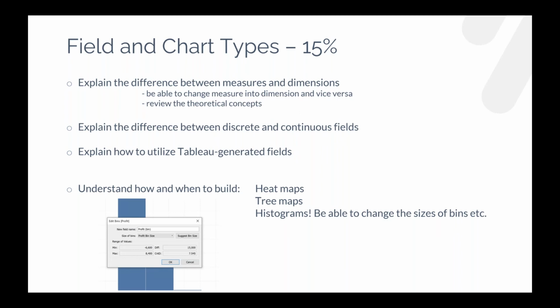So you will need to combine different kinds of information. In terms of histograms, really try to play around with it, try to modify it, and edit these different bin sizes.